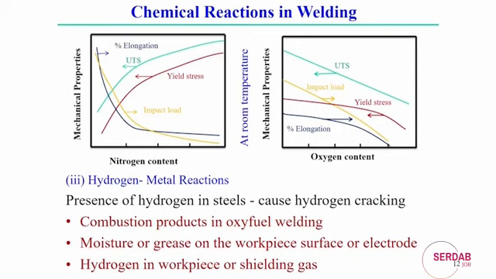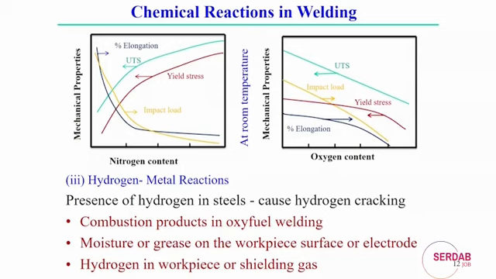Now, we can look into the effect of other components of the weld joint, that is hydrogen, or how hydrogen and metal react. First we look at what the sources of hydrogen in welding processes are, and what the consequences of hydrogen are.